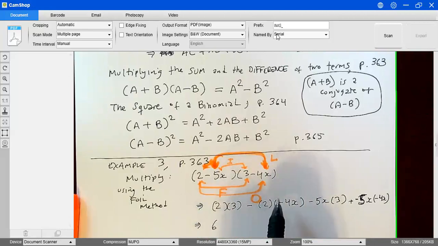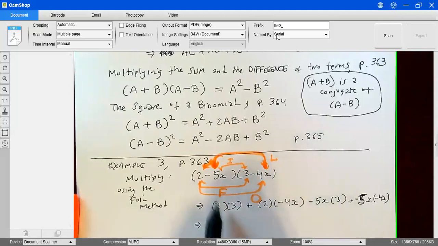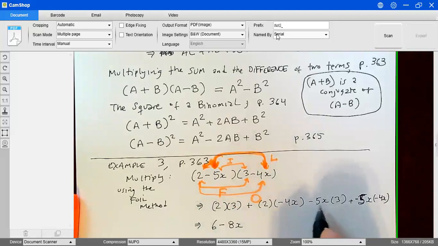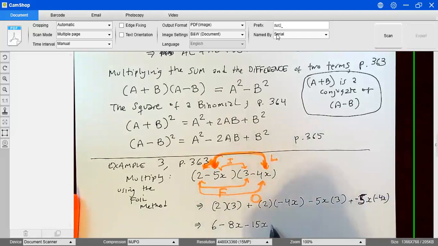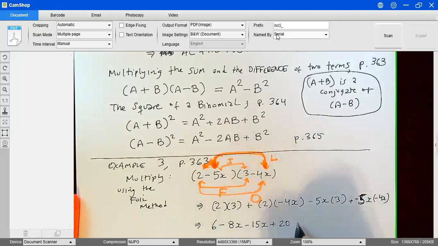So in the next case, we have 2 times -4 is going to be -8x. Then we have -5x times 3, which is going to be -15x. And finally, negative times negative is going to be positive: 5 times 4 is going to be 20x squared. Then you just combine like terms.